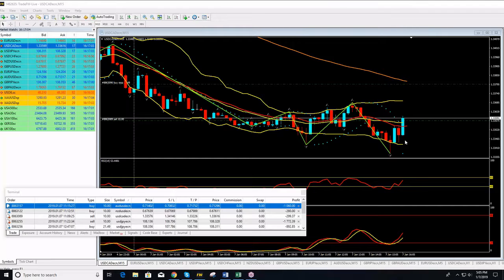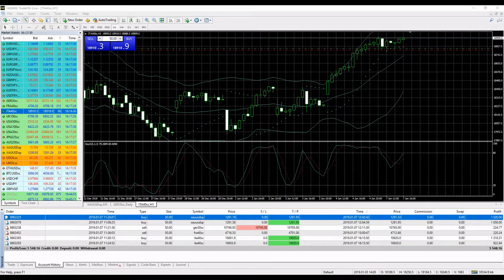Well, what we have done so far. As you know, in the morning, we put some gold trades. We put France 40, we put DAX, and we put Italy 40 position. On DAX, we put a positive stop loss and it got triggered.